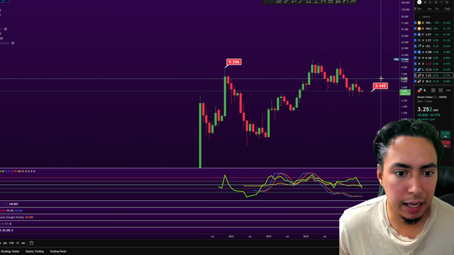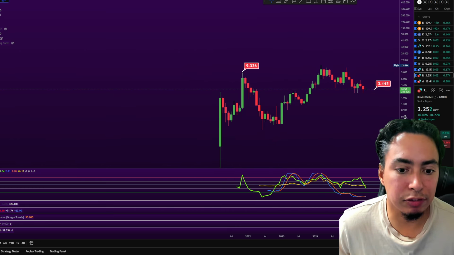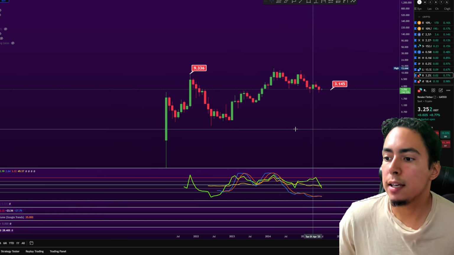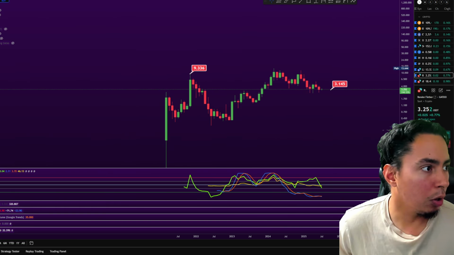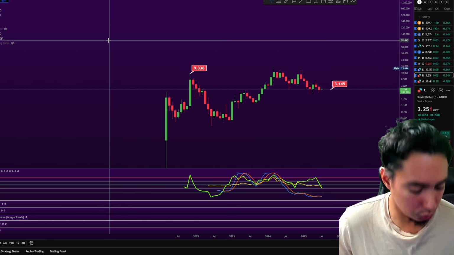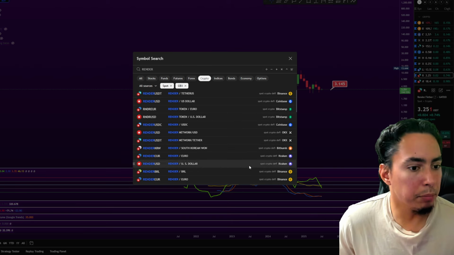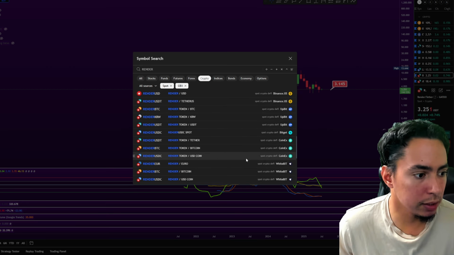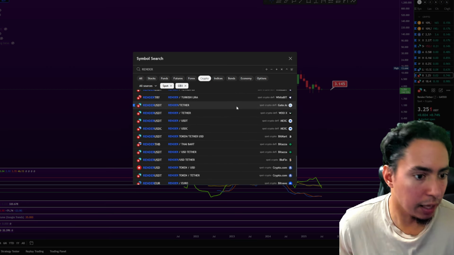And you're probably asking, how do I get the full chart for Render, which matters because my price prediction targets are going to be based on this chart. All you want to do is search up Render, but all of these except one show the full chart, which, if I scroll down here, is Gate.io.